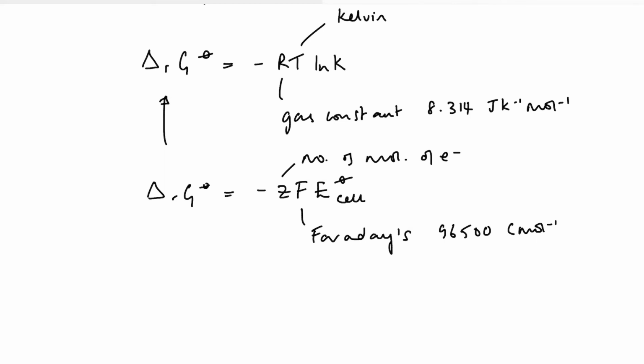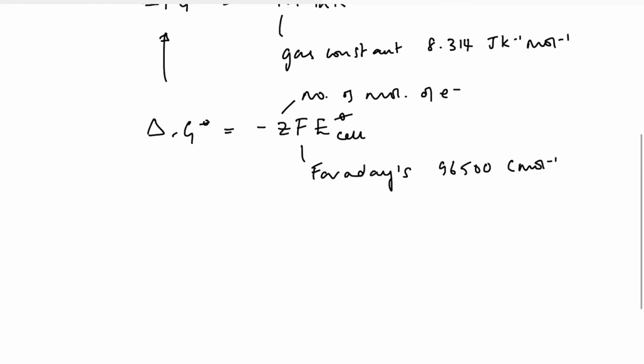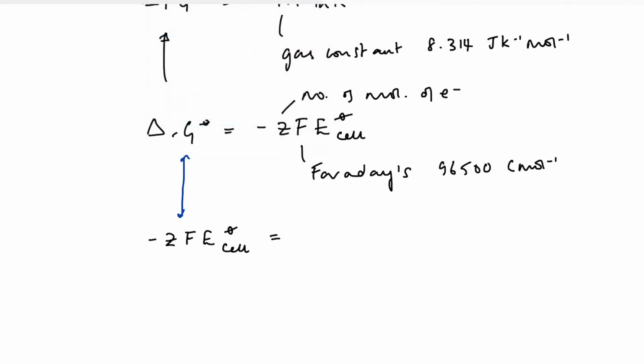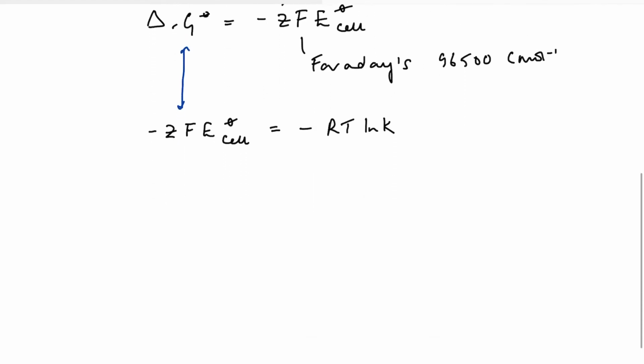Okay, so let's put those two equations together. We can then say that minus ZF E cell, so essentially that is my expression for the change in Gibbs energy, is equal to minus RT ln K. And I can rearrange that.